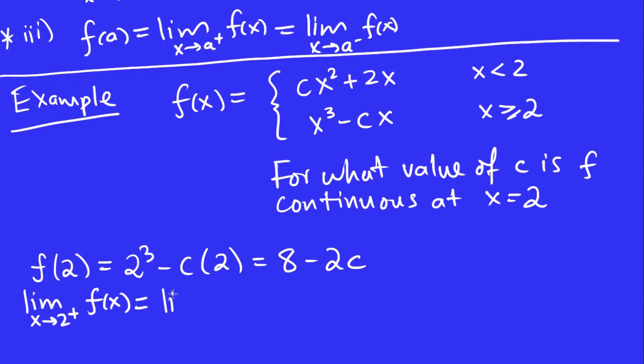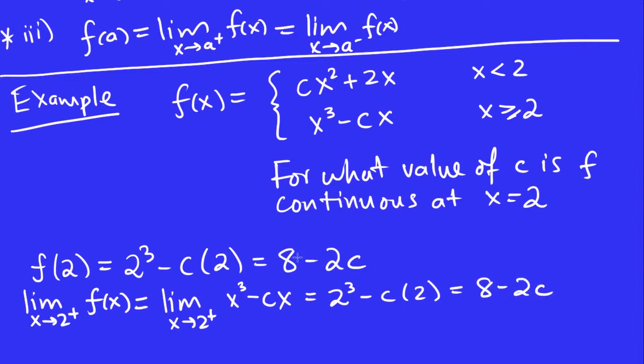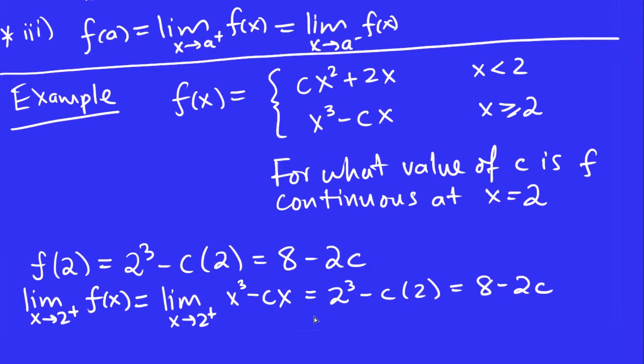So I'm going to replace f of x by the formula that it really is for numbers x that are bigger than 2. And this is a limit of a polynomial, so I'm allowed to do the limit just by putting the number in. No big deal. That's the same as this one, isn't it? But the more interesting one comes next.